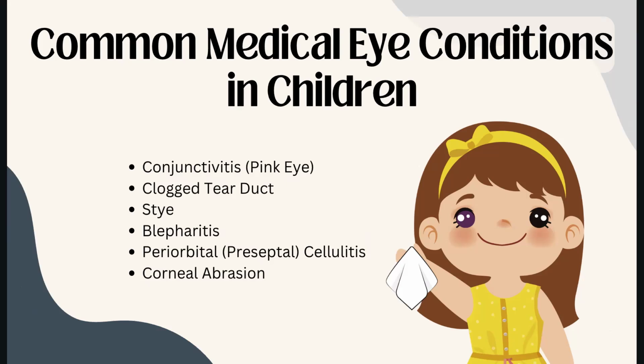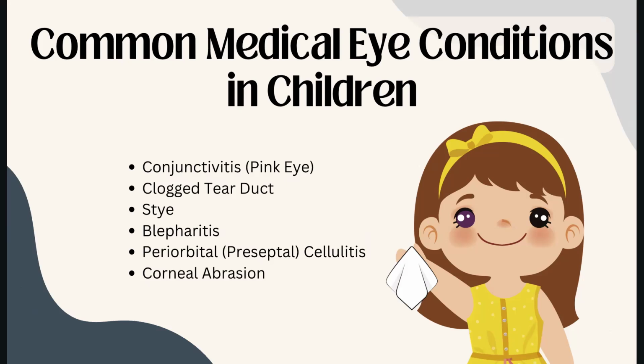Stye. This is a red, tender bump on the eyelid caused by a bacterial infection of an oil gland. Typically, you can make this go away with warm compresses, but sometimes antibiotics are needed. Blepharitis is chronic inflammation of the eyelid margins, and it leads to redness, irritation, and crusting.